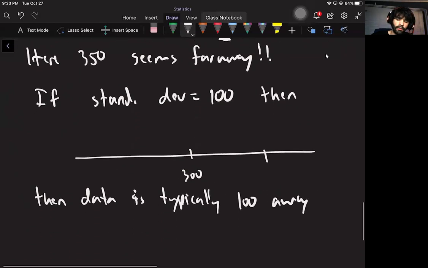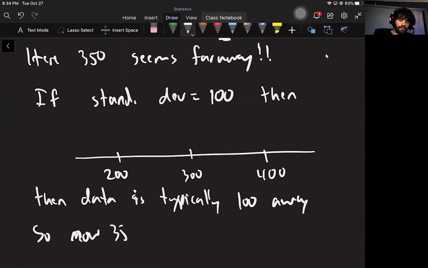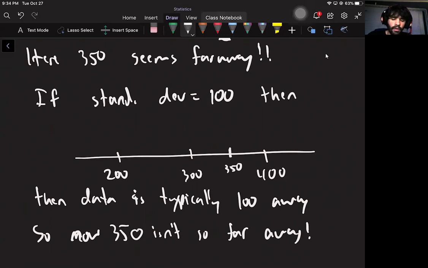So it's typically from here to here, 200 to 400. So now 350 doesn't seem so far, because most of the data is between 200 and 400. 350 doesn't seem very far away anymore at all.